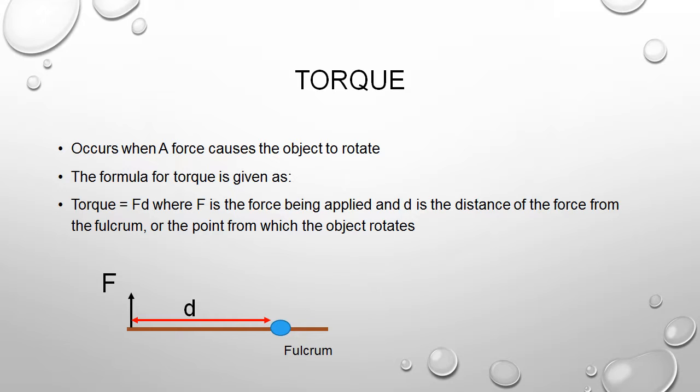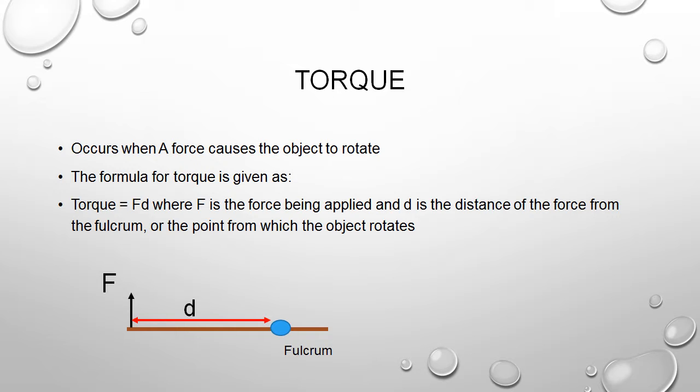Torque is something different, and it might not even be on your exam, but it's actually a very good thing to know. It occurs when a force causes the object to rotate.